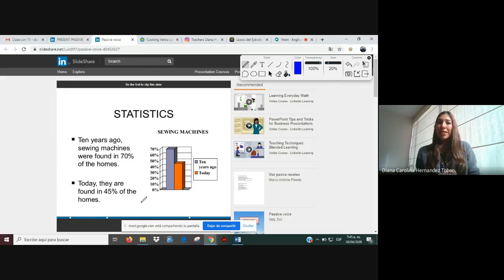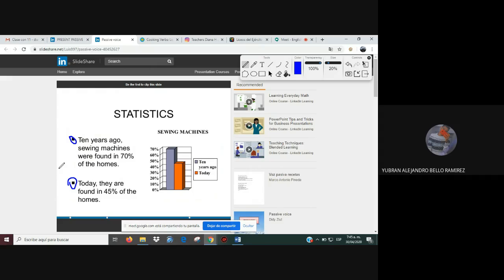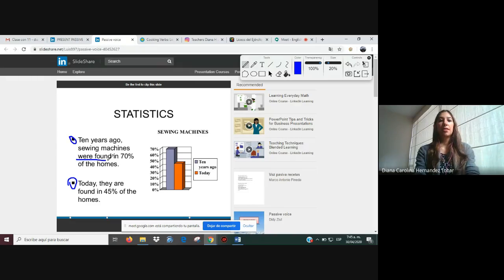So Juan, could you please tell me in the first one and the second one as well, what is the passive voice there? What is the structure of passive there? Okay, in the first sentence it is "were found." Excellent. "Were found," this is simple past.